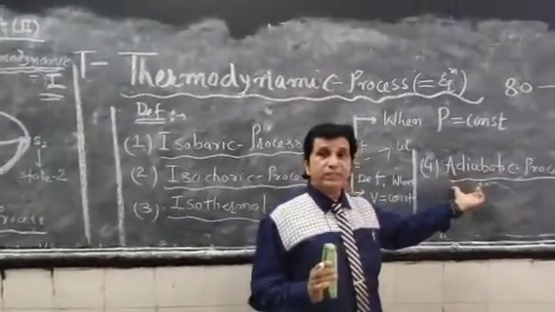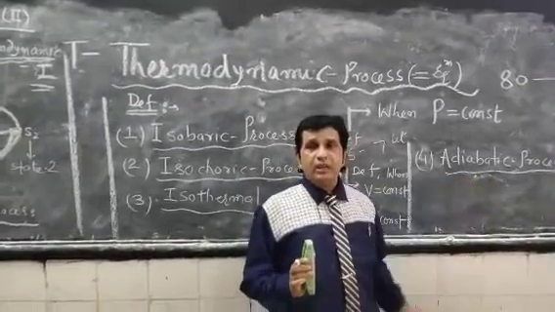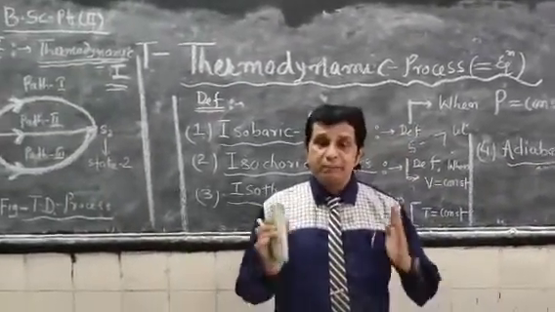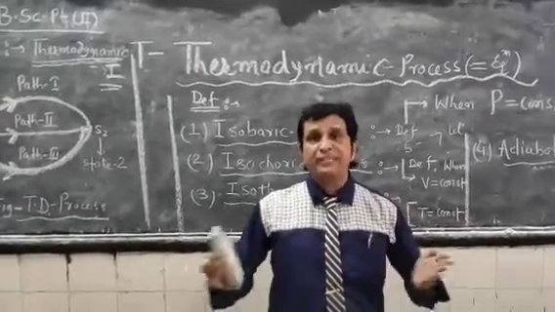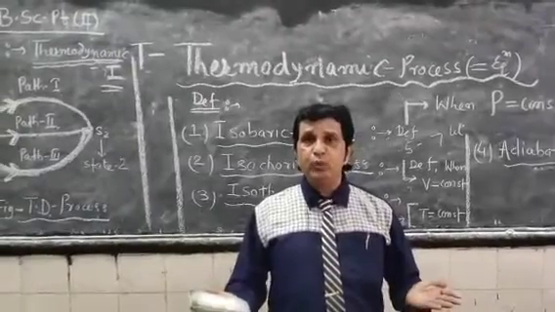In the adiabatic process, in which Q, the heat, remains constant, I explain by an important example: sudden bursting of a cycle tube.